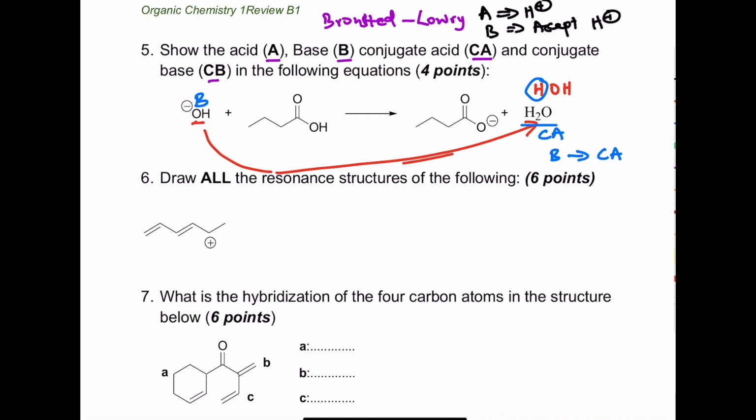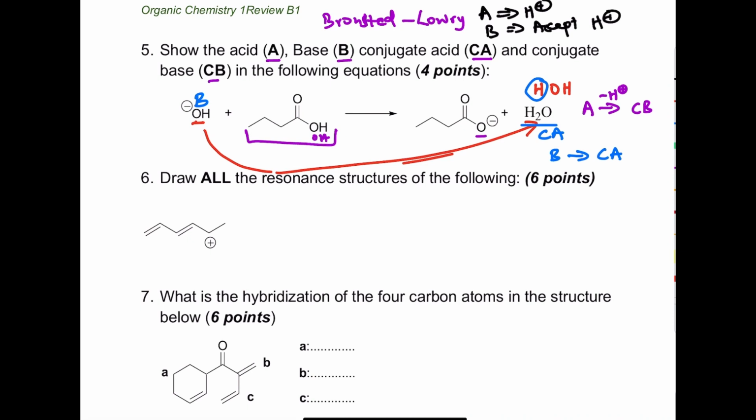On the other hand, an acid will lose a proton, so minus H plus, and then it will give you a conjugate base. In this case, if you look at this structure, it has an OH here, and here you have O minus.